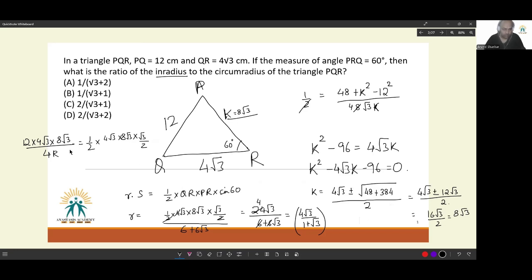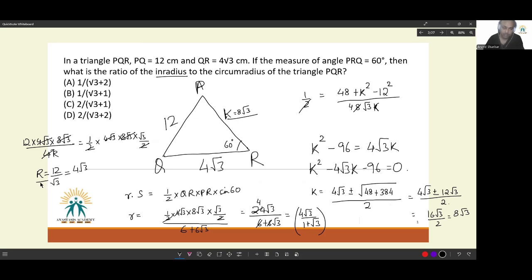Area in both these cases is identical. So 4 root 3, 8 root 3, 4 root 3, 8 root 3, 2 and 2 and 4. Root 3 comes down. R will turn to 12 by root 3, which is equal to 4 root 3.